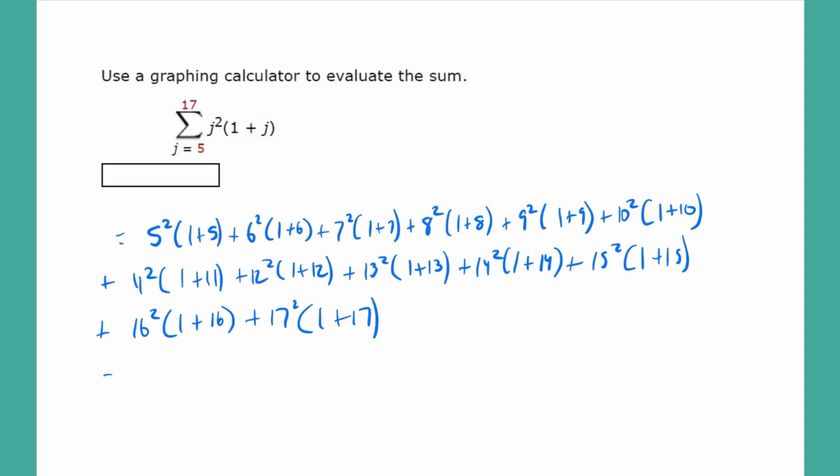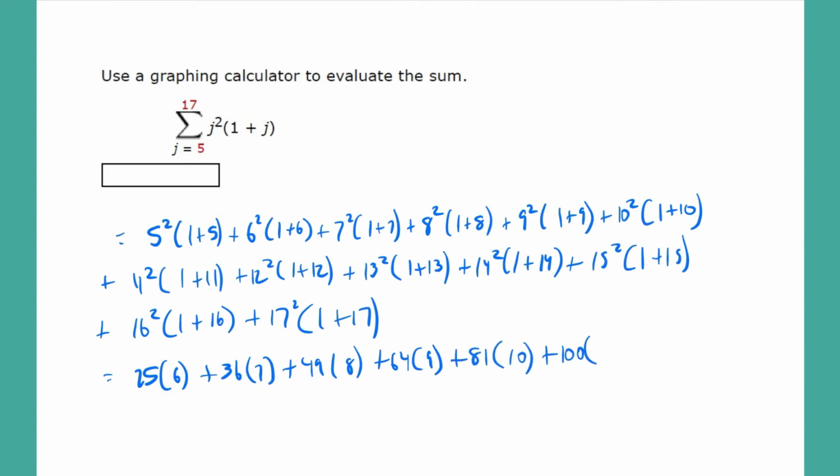So let's see. That's going to be 25 times 6. The next one's going to be 36 times 7. The next one will be 49 times 8. 64 times 9. 81 times 10. 100 times 11. I'm going to start down below. 121 times 12. 144 times 13. 169 times 14.